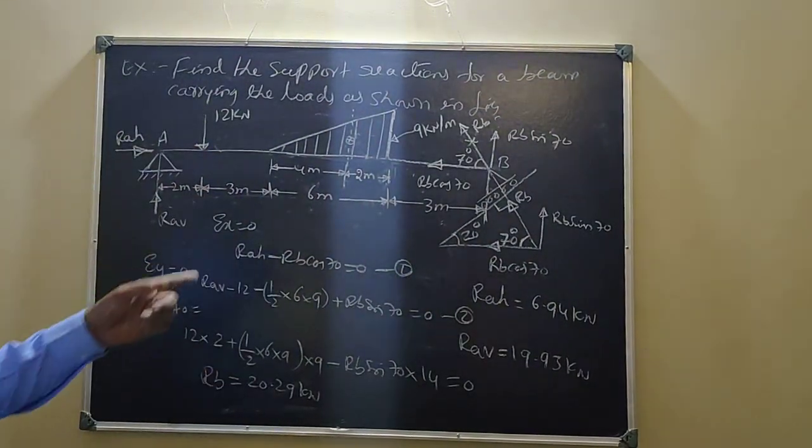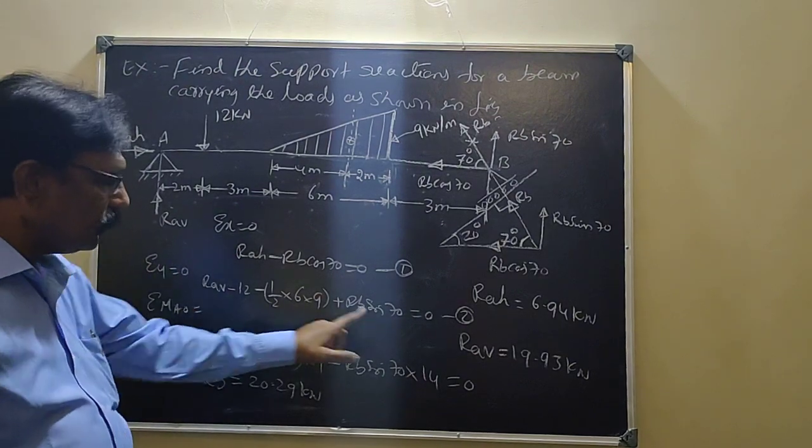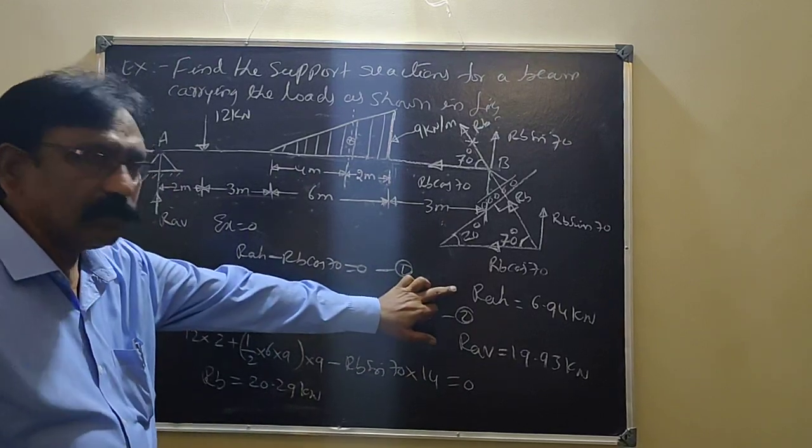So when you substitute back this RB value in the above equations and simplify, you get RAV and RAH.